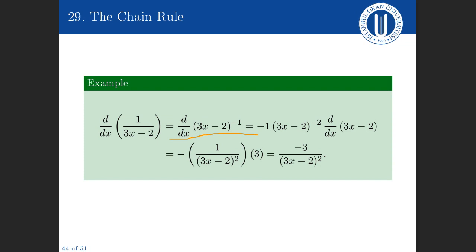By the chain rule, if we're going to differentiate u to the power minus 1 with respect to x, it's going to be minus 1 u to the power minus 2 multiplied by du dx. And that's what we have, minus 1 u to the power minus 2 multiplied by du dx. We get our final answer, minus 3 divided by 3x minus 2 squared.